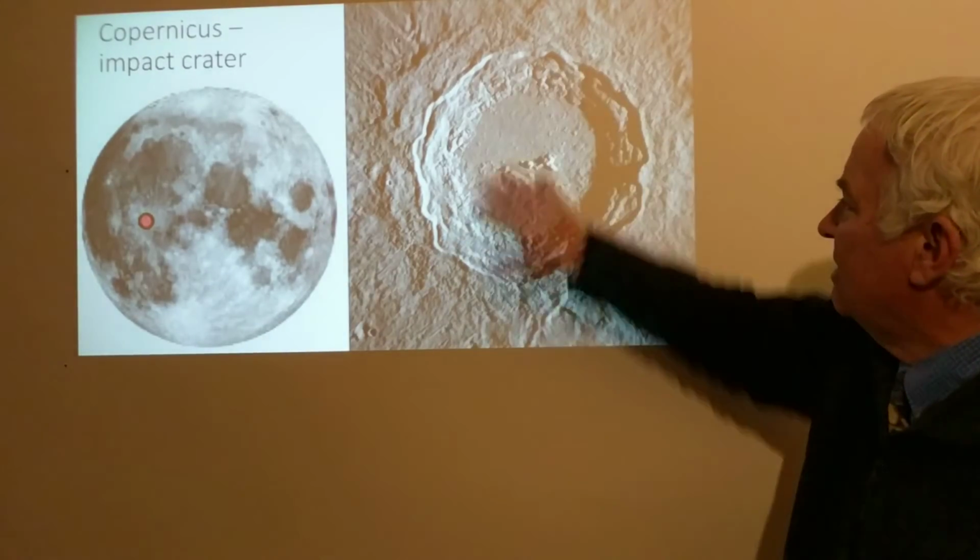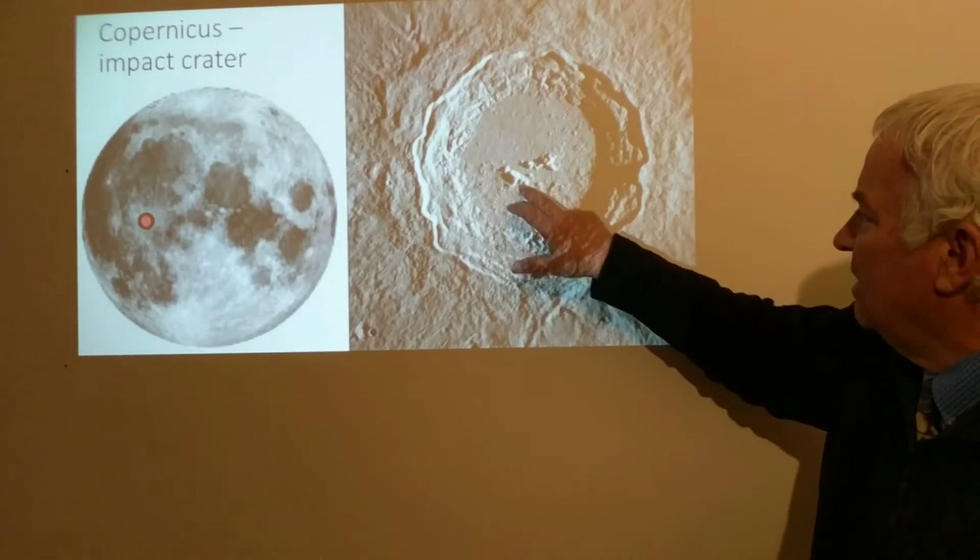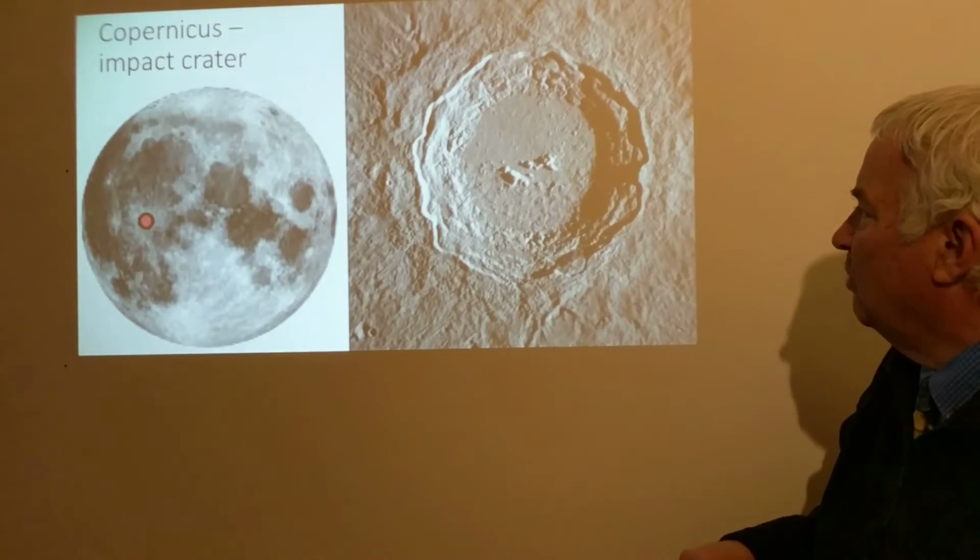up close looks like this, and we can see this roundish shape, and we see what's called the central peak.